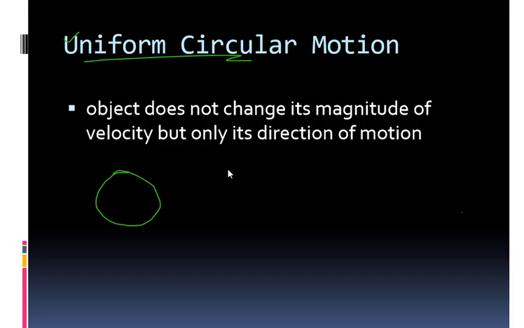For example, suppose this is a rectangular path.